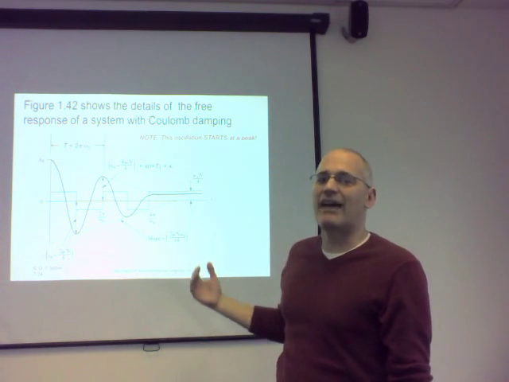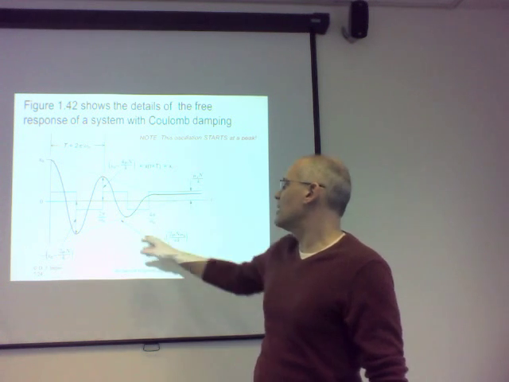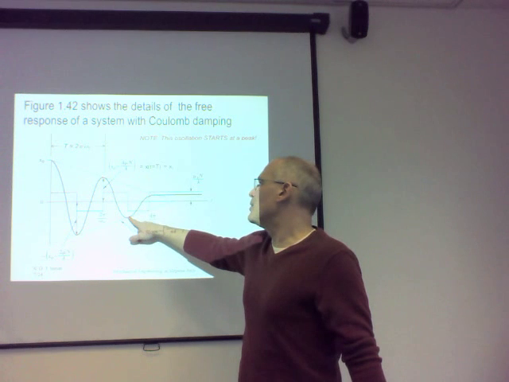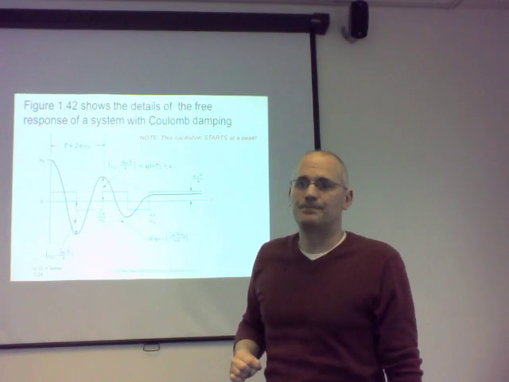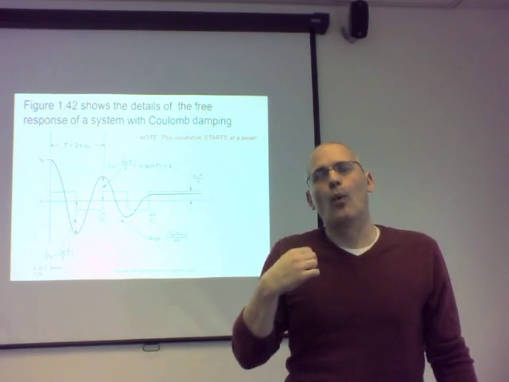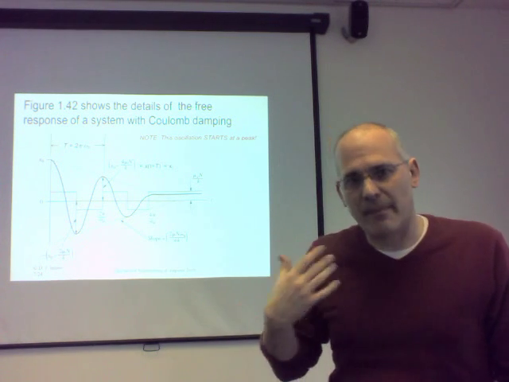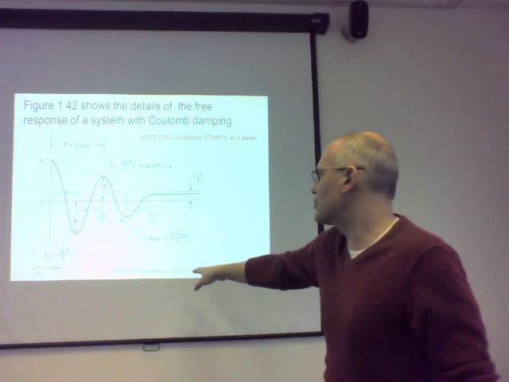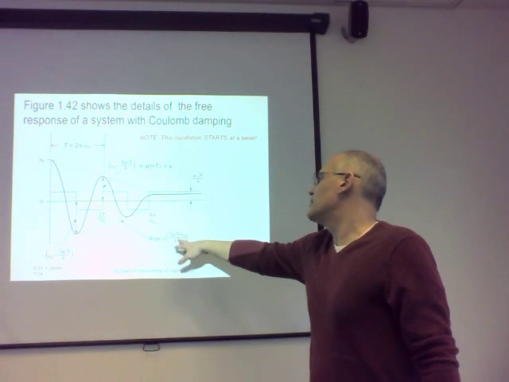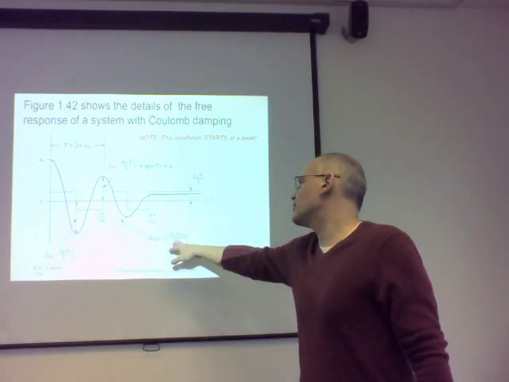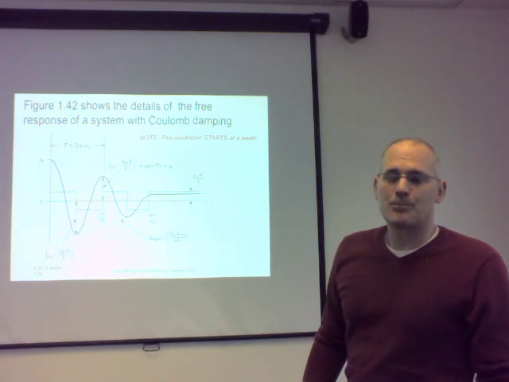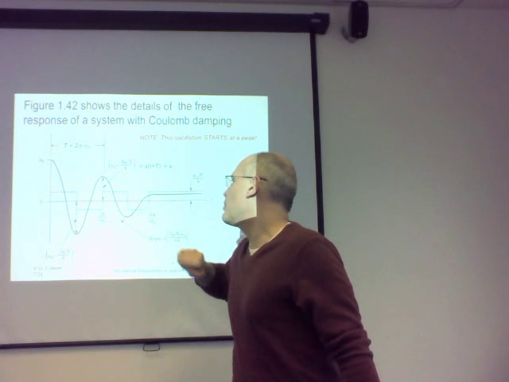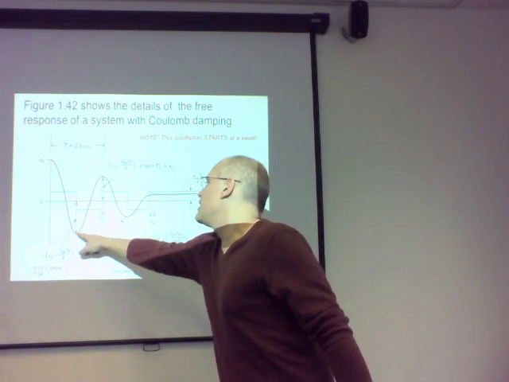Now we go 1.5 cycles. How much are we losing? Well, at this point, although it's not shown, it's going to be x naught minus 6 mu N over k, and so on. So that's the way that it's going to decay. Now the question, here's the slope. Slope of that line: 2 mu N omega n over pi k. We know how much it decays between this point and this point, and we know the period between these points.